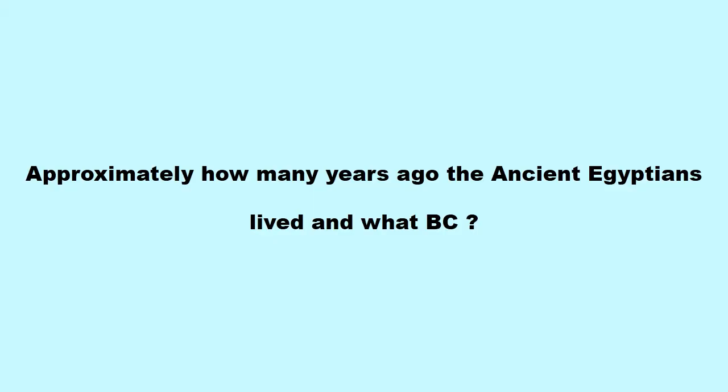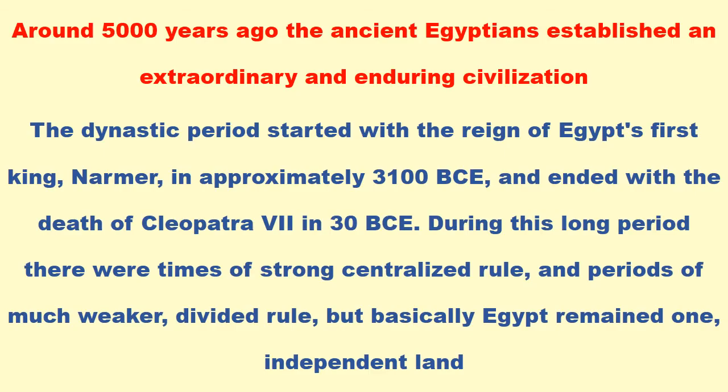Okay, I would like to ask a question. The question is, approximately how many years ago did the ancient Egyptians live, and what BC? Anybody knows? Okay, I have the answer. Around 5,000 years ago, the ancient Egyptians established an extraordinary and enduring civilization.